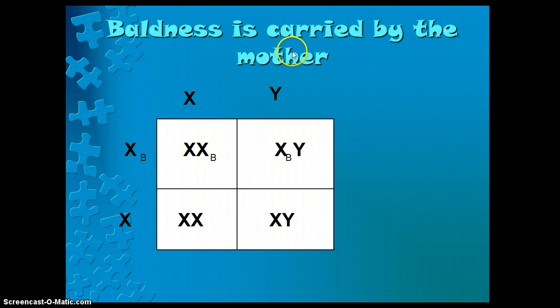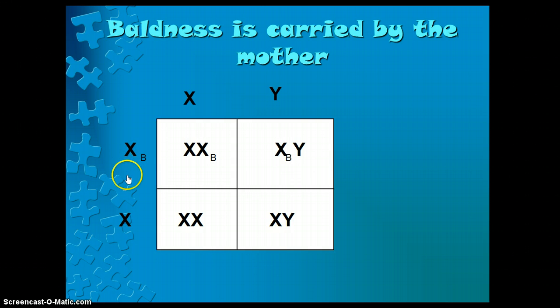So back to what I was saying about carriers. Females can be carriers simply because they can carry the trait but not express it. Okay, and that's what we mean by carrier. So here we have a Punnett square where we have one carrier female.